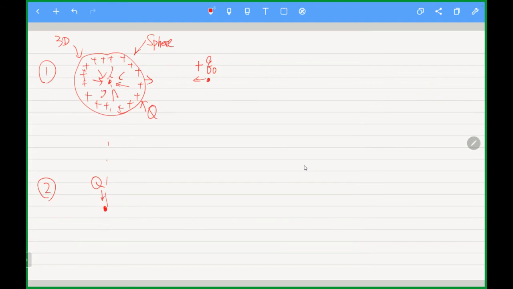Of course, this distance is small r, and we still have this q0, plus or negative is okay. If it is still plus q0, then of course they will attract each other.